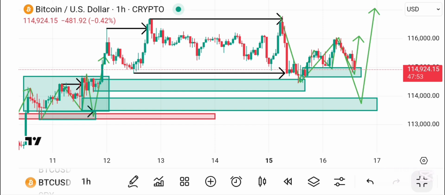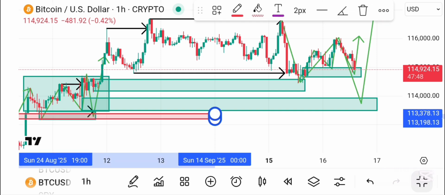Number one, the supply zone. The supply zone can also be noted as the resistance zone, right? The supply zone is also the resistance zone. And what does it do? It is a price area where sellers previously overwhelmed the buyers, pushing price down, just like this previous resistance zone.